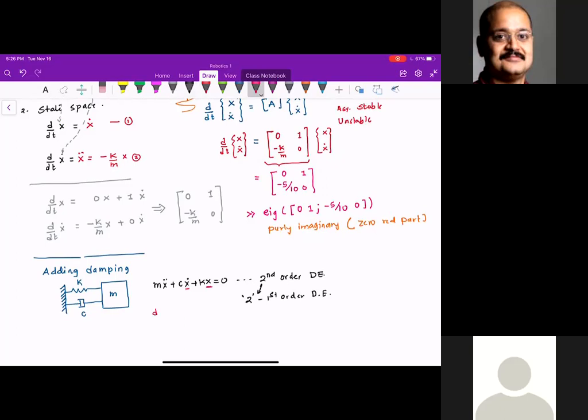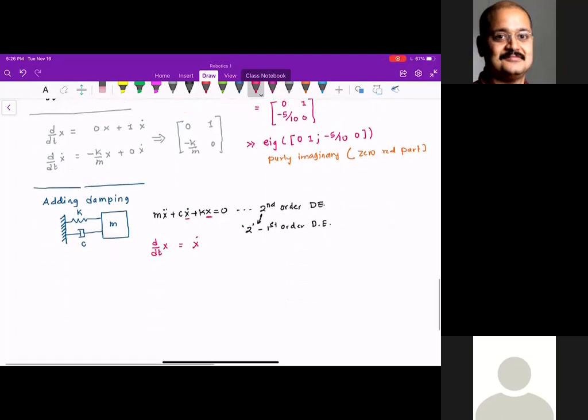So d by dt of x is equal to x dot, d by dt of x dot is equal to minus kx minus cx dot.